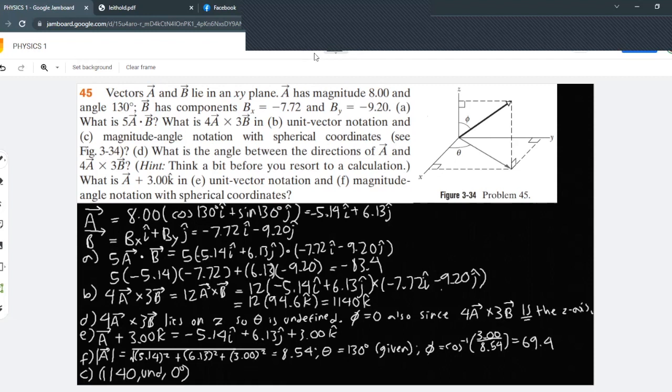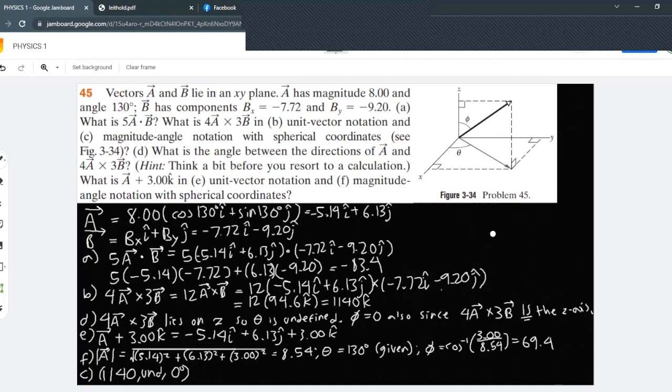Tapos, how do we get the angle between the vectors? The vector we're concerned with sa letter F is A plus 3K. So tawagin mo siyang vector C, I think para hindi confusing. Let vector C be equal to A plus 3K.